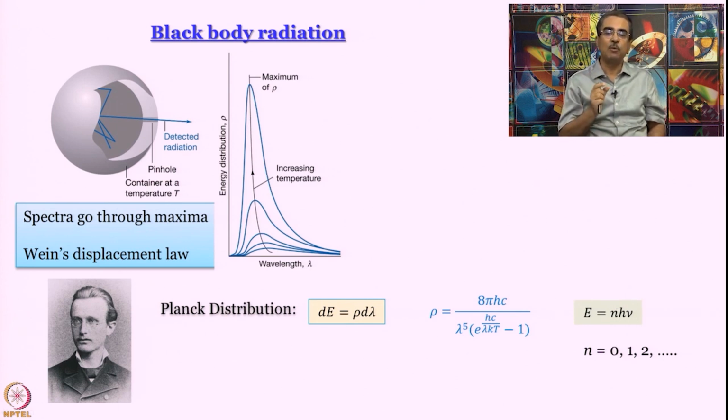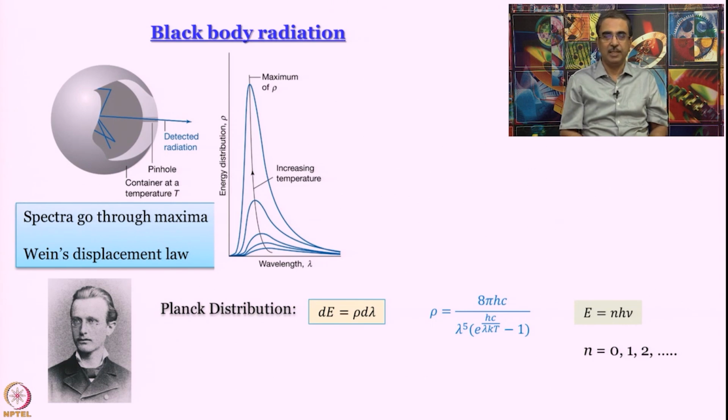These oscillators can only take certain fixed values of energies, integral multiples of h nu, where h is a constant called Planck's constant, a very small number. I will leave it to you to find out what the value is, and n is 0, 1, 2, 3, this kind of number. That cannot be negative, 0 and positive whole numbers. So, quantization had already come in an attempt to explain this experimental observation.